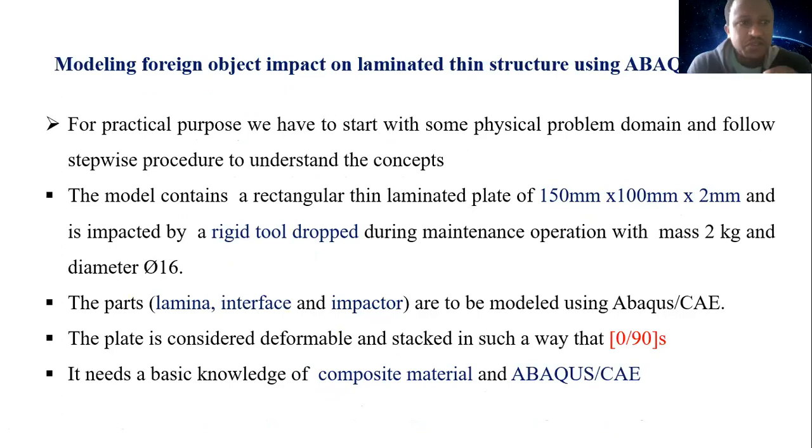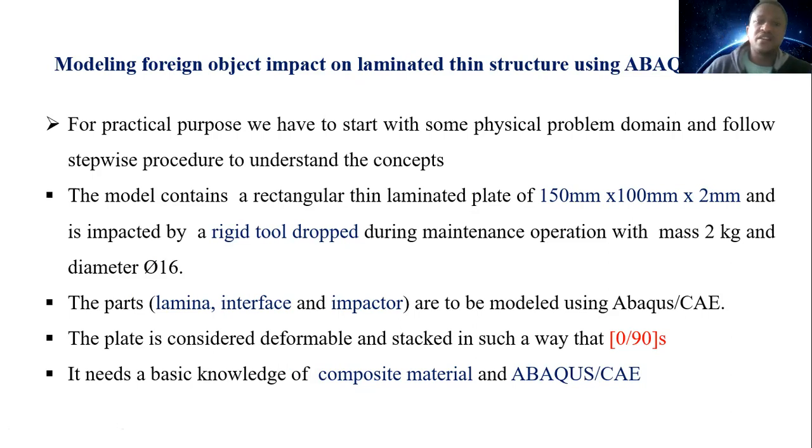Now let's come to modeling for a particular purpose, or let's come to model the impact problem. For that, modeling foreign object impact on a laminated thin structure using Abaqus. For practical purposes, we have to start with some physical problem domain and follow a stepwise procedure to understand the concept.